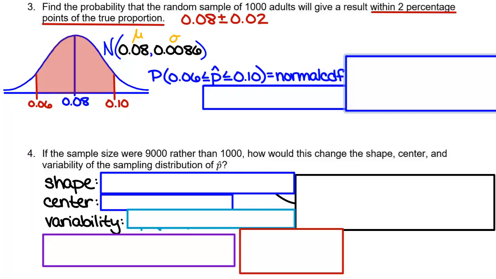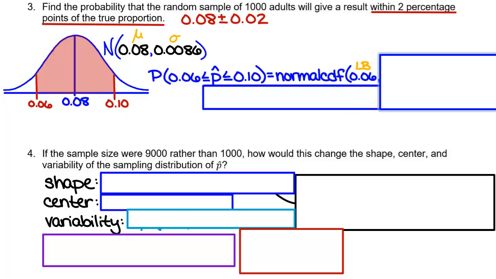And we're going to do a normal CDF for this. What will my lower bound be? 0.06, coming from right here. It's the left-hand edge on my picture. Make sure you label that as the lower bound. What is your upper bound? 0.10, yep. And then what other two numbers do I need? 0.08 and 0.0086.